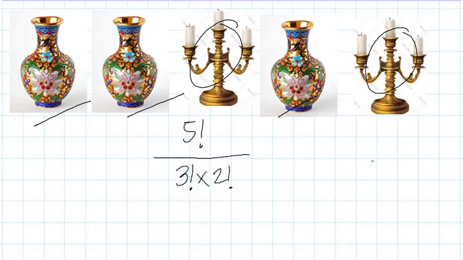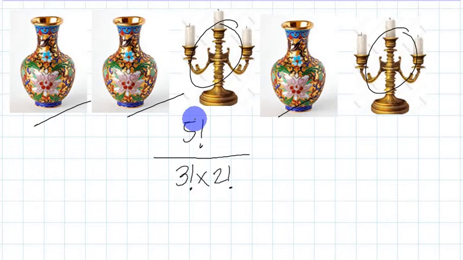So this is to say that if we want to find the permutation of these vases and candle stands, that means from the 5 factorial, which is all possible arrangements of the 5 objects, let's remove the arrangements of the 3 vases because they're all identical, and the 2 candle stands because they're all identical.